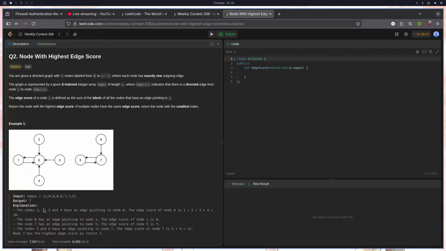we are given a directed graph with n nodes labeled from 0 to n minus 1, where each node has exactly one outgoing edge.